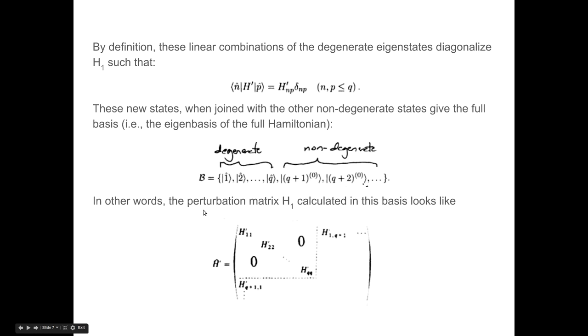Okay, in a picture, the perturbation matrix would look something like this. Outside of this little dotted square, if you can see that, would be the non-degenerate terms, right? It's the Q plus 1 term and higher.